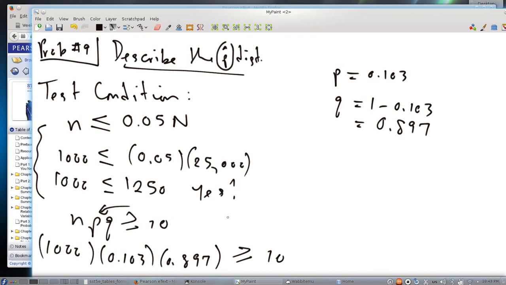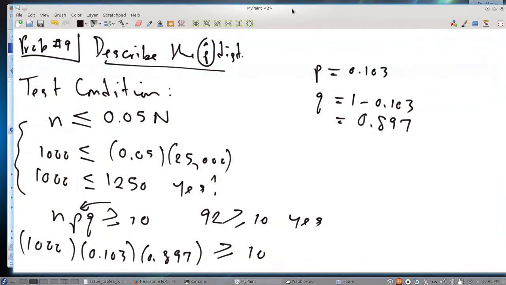So here we have 92 greater than or equal to 10, which is also true. So we know now that the data satisfies the binomial test, and that it has the normal distribution.